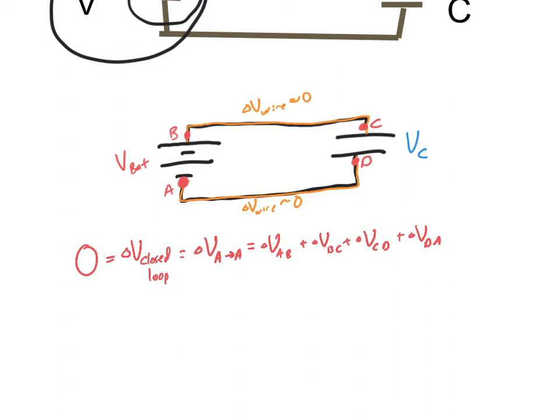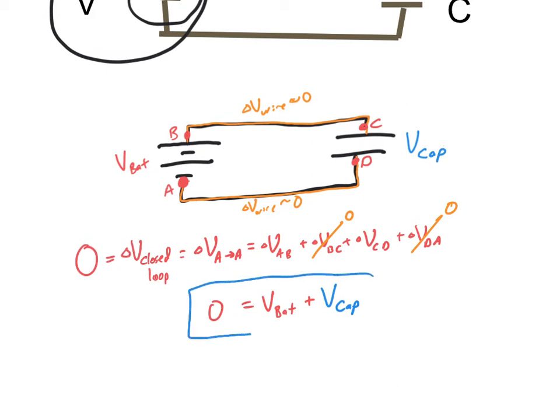All the ones that are wires, I'm going to cancel out. So B to C, 0. D to A, 0. So 0 is equal to the voltage from A to B, which is the voltage across the battery, and C to D, which is the voltage across the capacitor. Therefore, these two must be equal in magnitude. For example, from A to B, that'd be a positive difference in voltage.